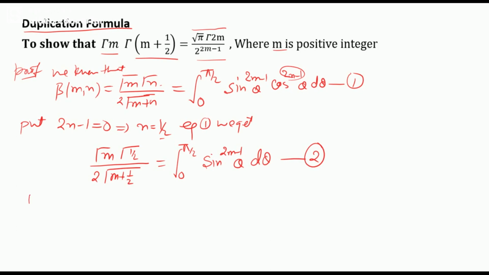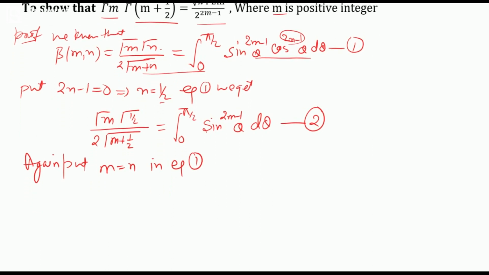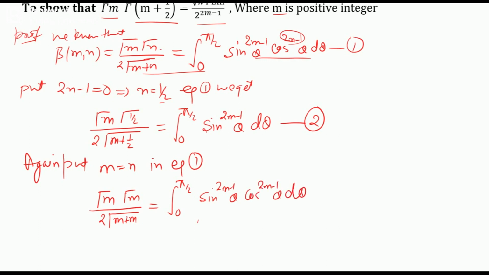Now again from equation 1, we put m is equal to n in equation 1. So we just put m is equal to n, and we get gamma m gamma m upon 2 gamma (m plus m) is equal to the integral from 0 to pi by 2 of sine 2m minus 1 theta cos 2m minus 1 theta d theta.